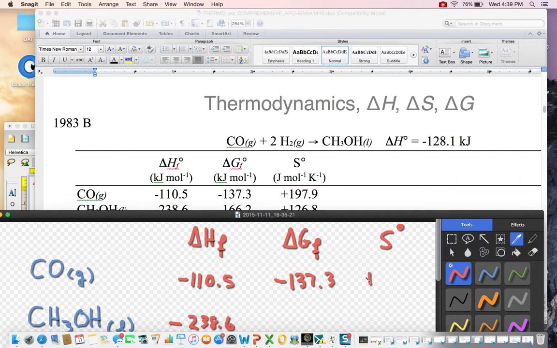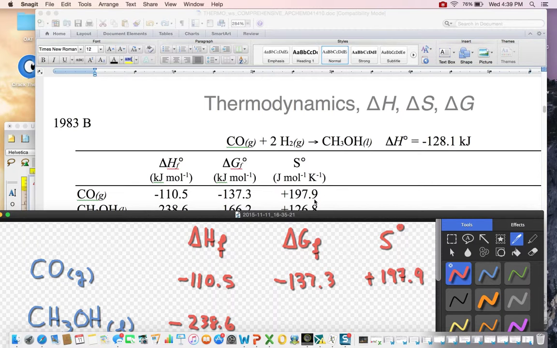And the standard entropy of formation. Now notice the unit is different because it's usually pretty small compared to delta G and delta H. It's joules per mole Kelvin. That's plus 197.9.